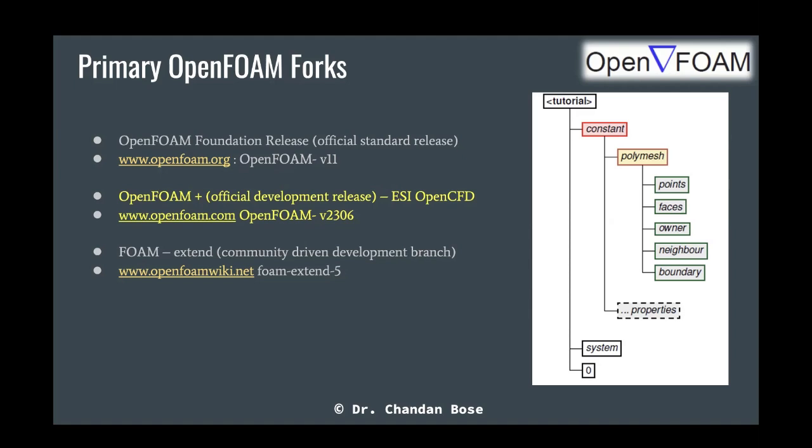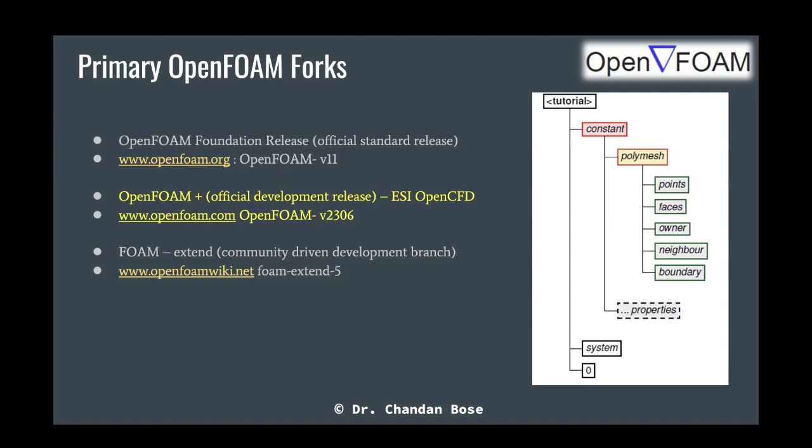What else? How do you want to write your data? What will be the significant digits of the results that you want to write? All those control parameters, and another most important one for OpenFOAM is the function objects.